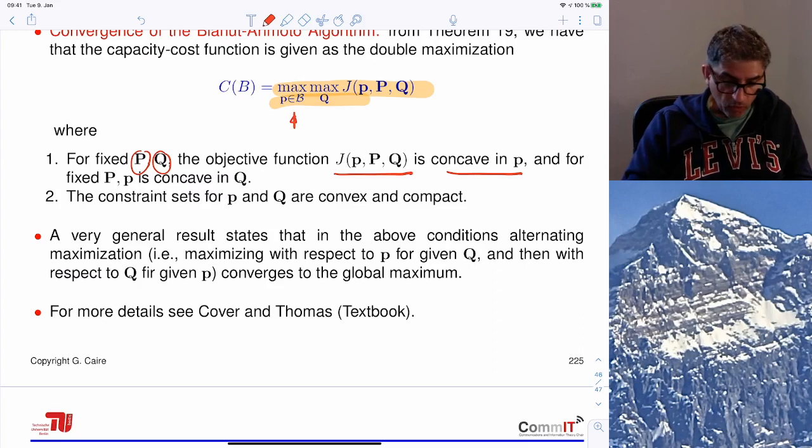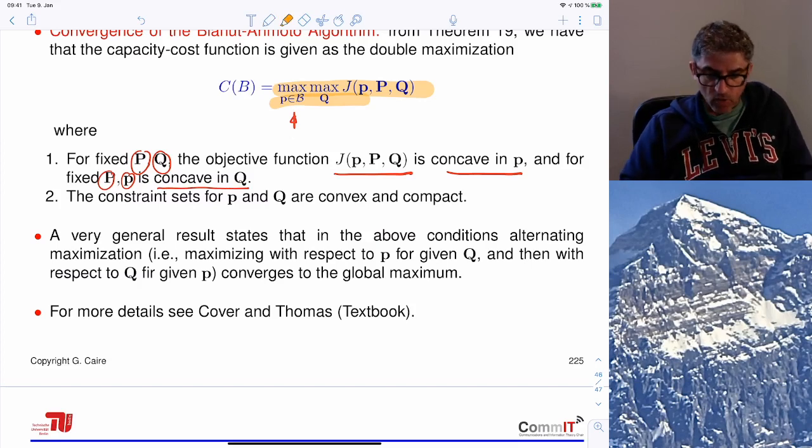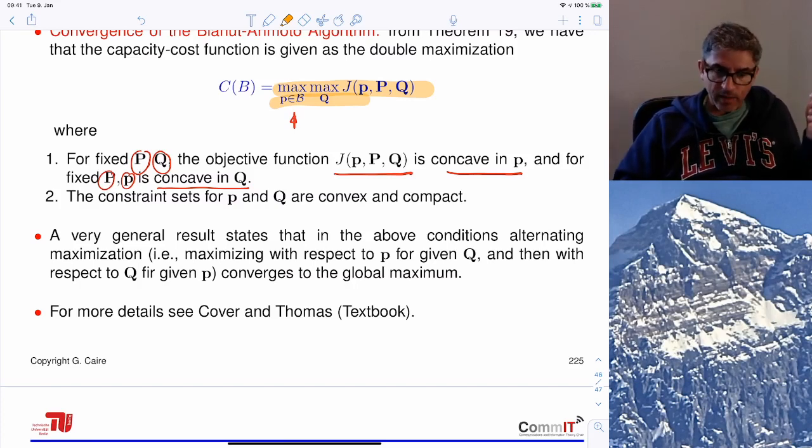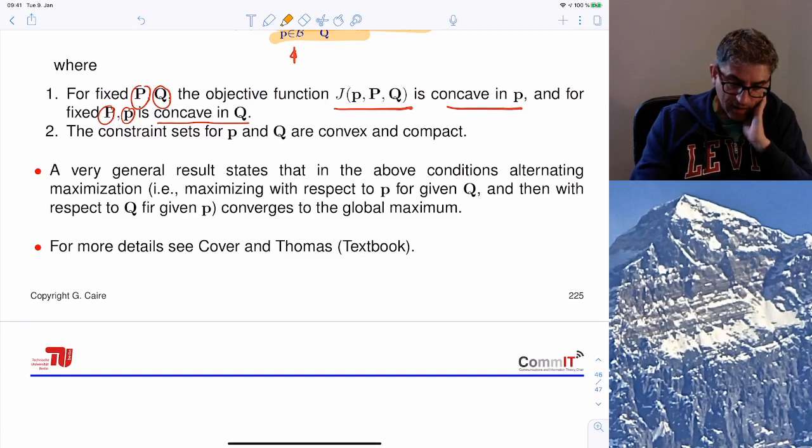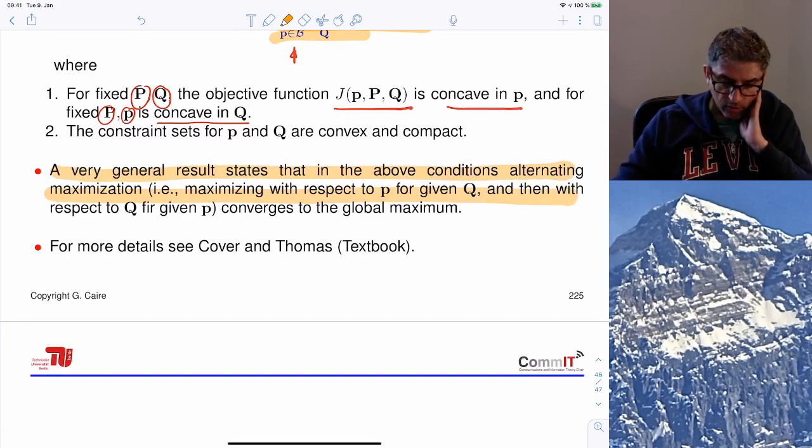Then, for fixed capital P and small p, the function is concave in Q. So when we have a double maximization where, with respect to each individual argument fixing the other one, the problem is convex, it turns out that this alternating maximization, which is exactly what Blahut-Arimoto does, can be proven to converge to the optimum. Okay, so that's a general result.